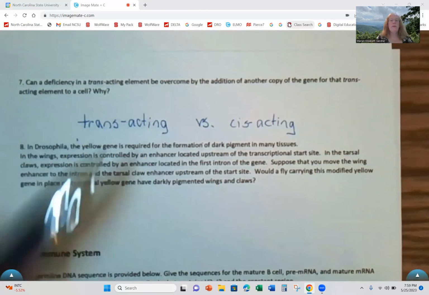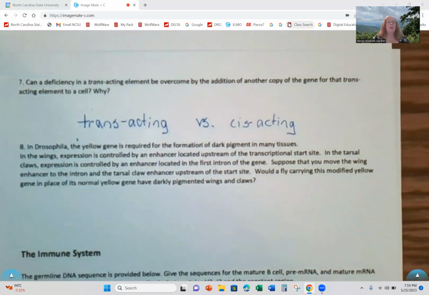We use these terms in prokaryotic regulation as well. Remember, a trans-acting element could work and affect all the pieces of DNA in the cell, similar to our repressor in the lac operon. We have a similar situation with eukaryotic organisms in that there are trans-acting elements.